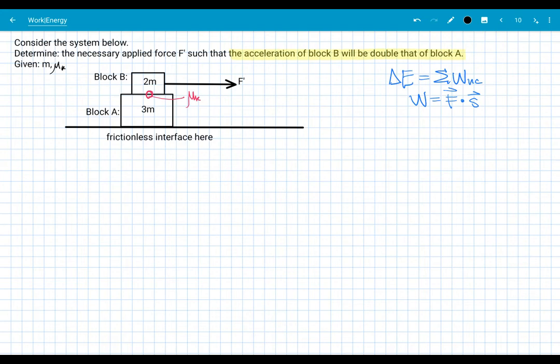So really the focus, or what's interesting about this problem, is the works here. So let's look at the free body diagram for block A and the free body diagram for block B and go from there. So go ahead and start, if you haven't already done that, drawing out your free body diagrams.